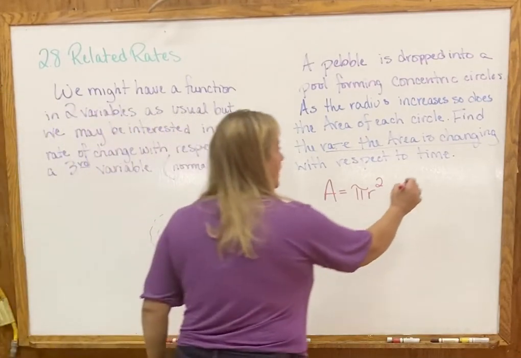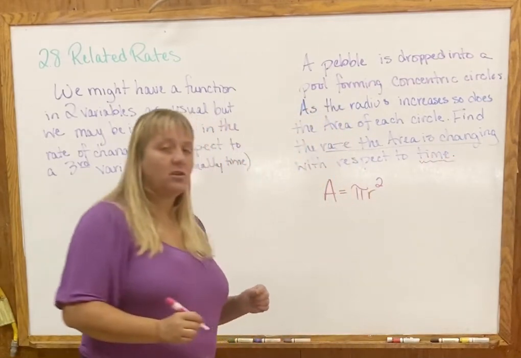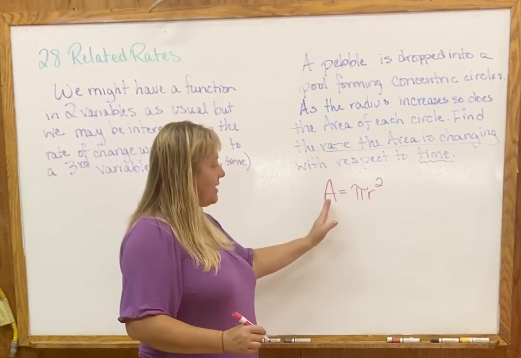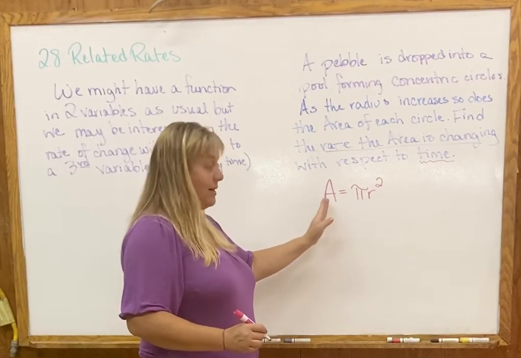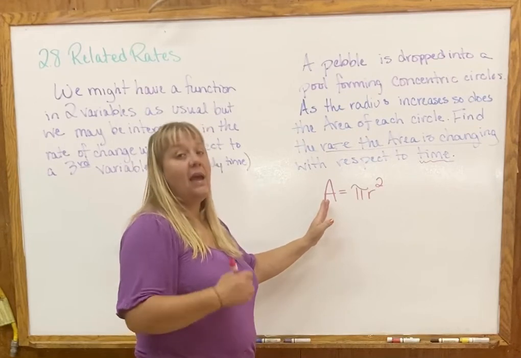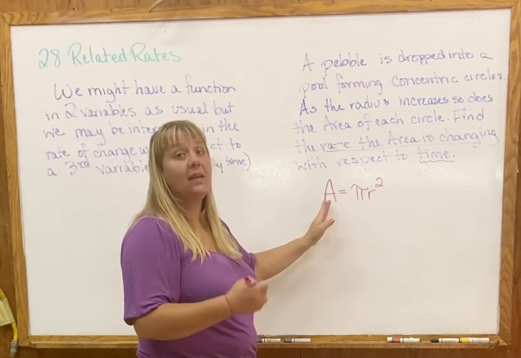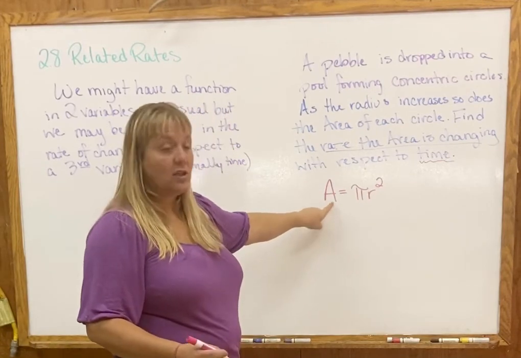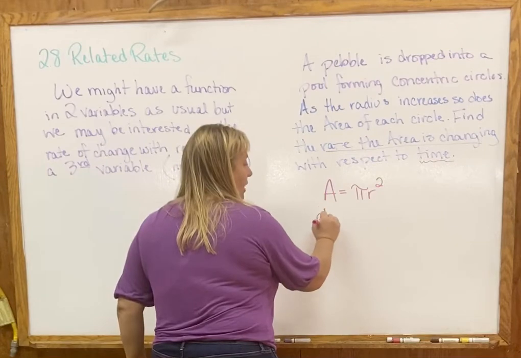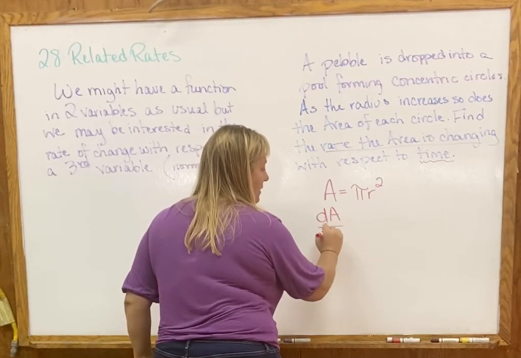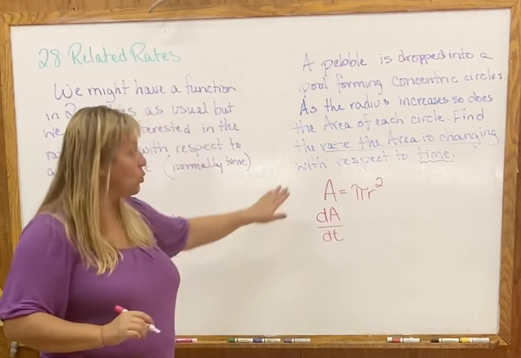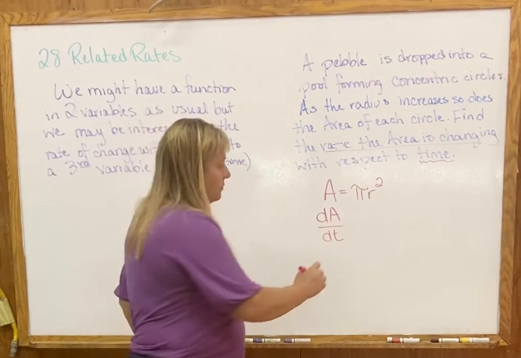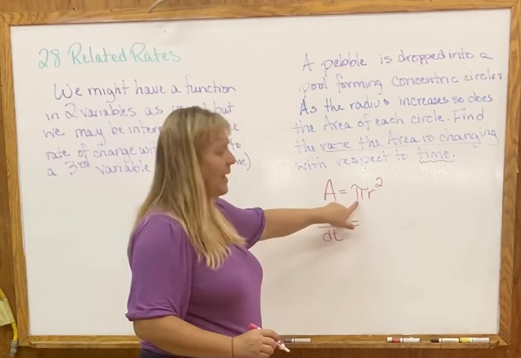The only issue is we're going to find the derivative with respect to time, which means as we go through this, every time we see a variable, we take the derivative and then we follow it implicitly by the derivative of the inside. So like the derivative of A is just 1, but we're going to immediately follow it with dA/dt. Because we're doing this with respect to time, there's going to be a dt on the bottom of each one. Now over on this side, remember pi is just a number.